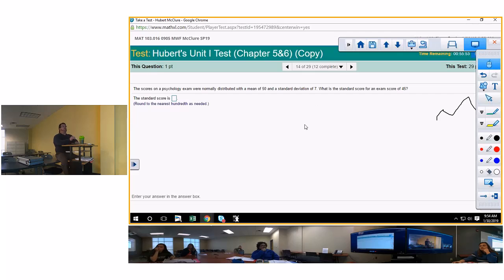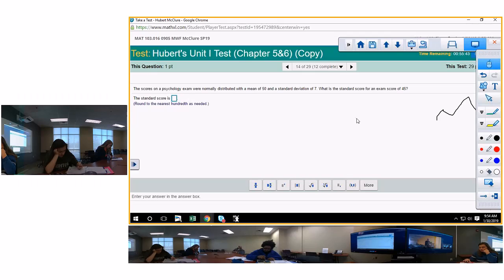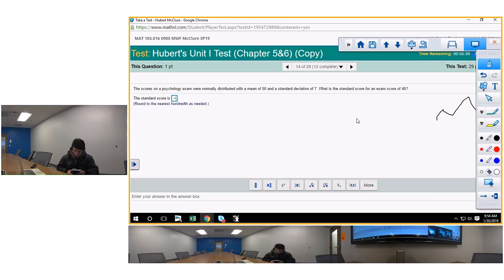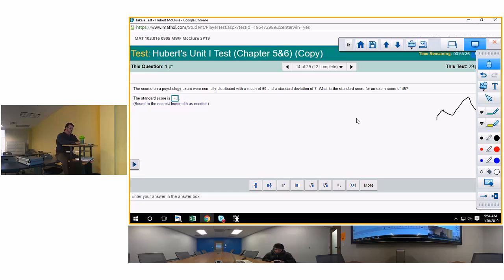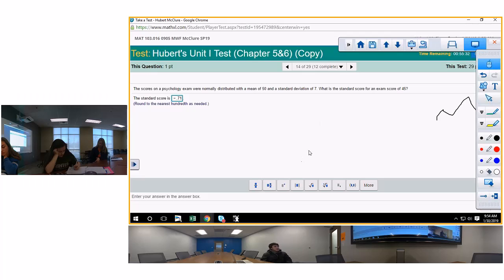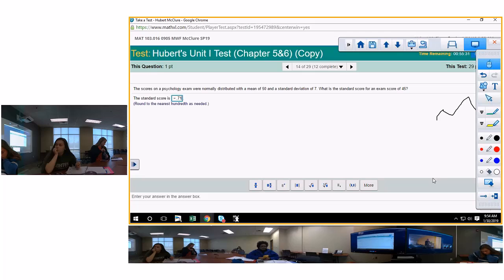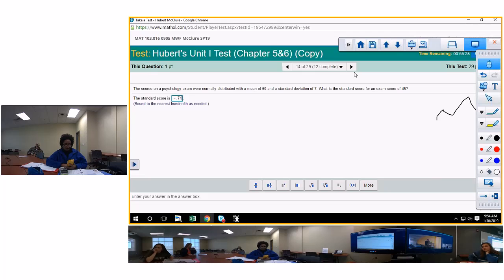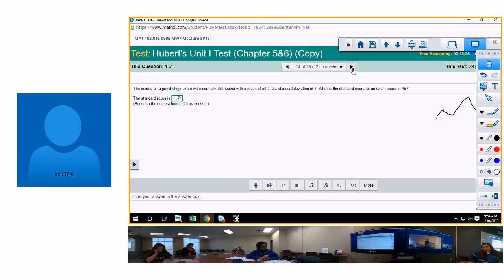Write that down, or somebody calculate it for me. It's going to be negative. What is it? Negative 0.71. Did y'all get that? Yeah, negative 0.71. Okay.